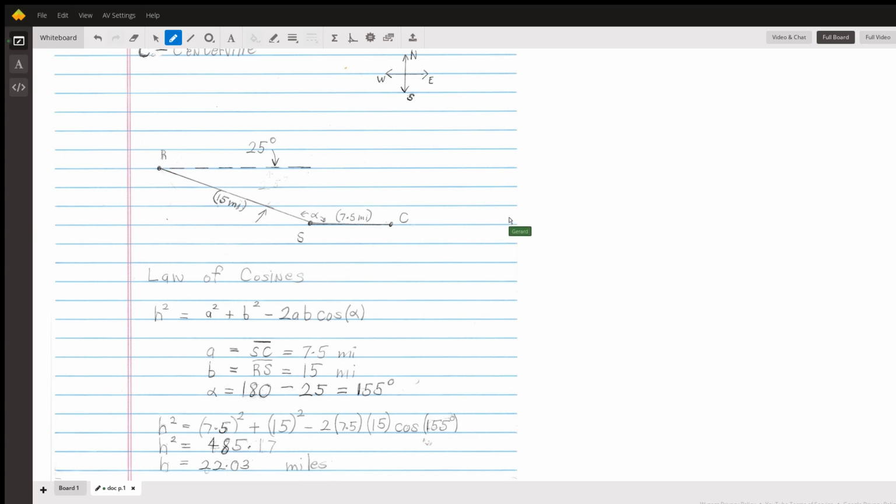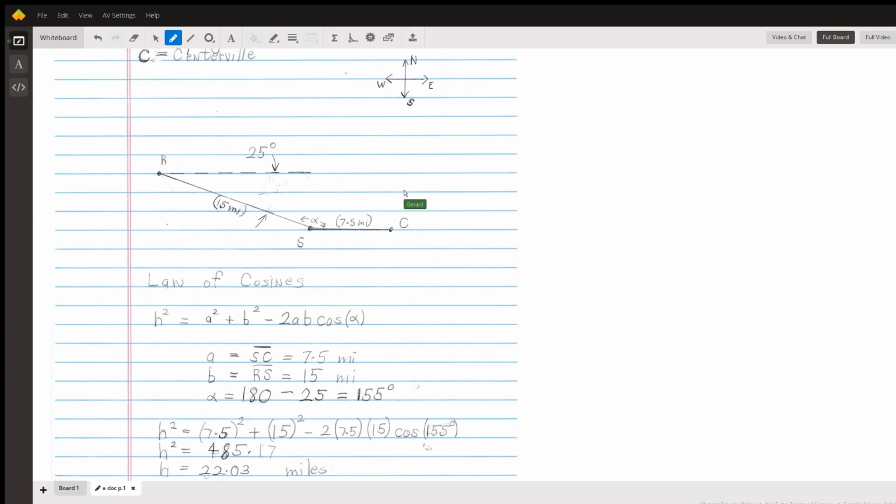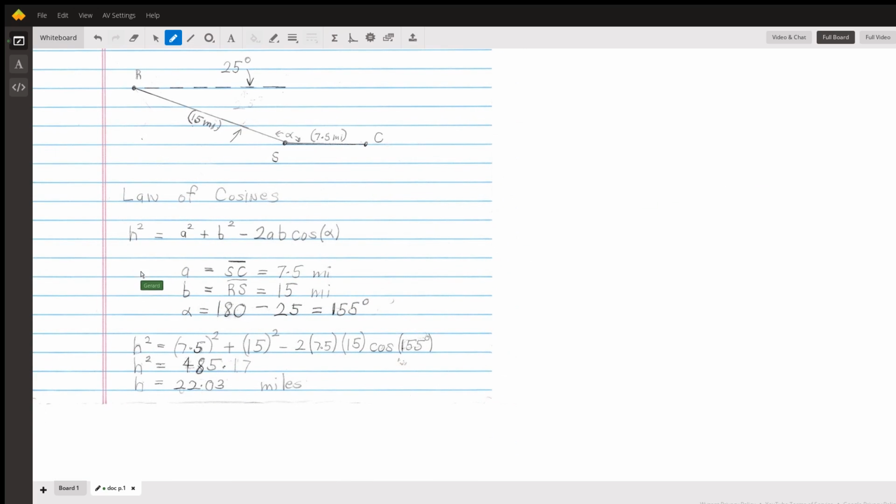Well, this is a perfect use of the law of cosines. The law of cosines states, as you see below the diagram, that h squared equals a squared plus b squared minus 2ab times the cosine of the angle, here I call it alpha, between the lines of the triangle.